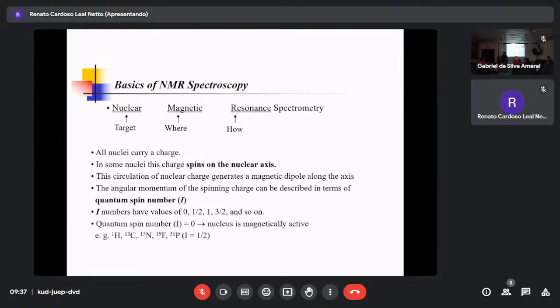Proton, hydrogen. We never say hydrogen NMR. Of course, we write H NMR, but we never pronounce it hydrogen NMR, because our target is not hydrogen, our target is the nucleus of hydrogen, so we call it proton NMR.